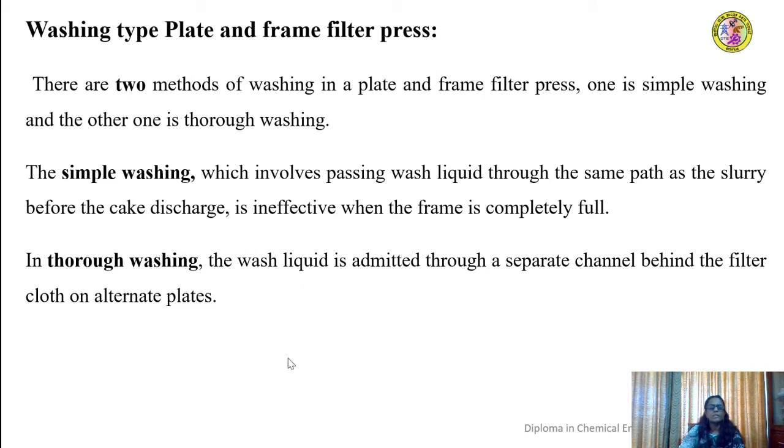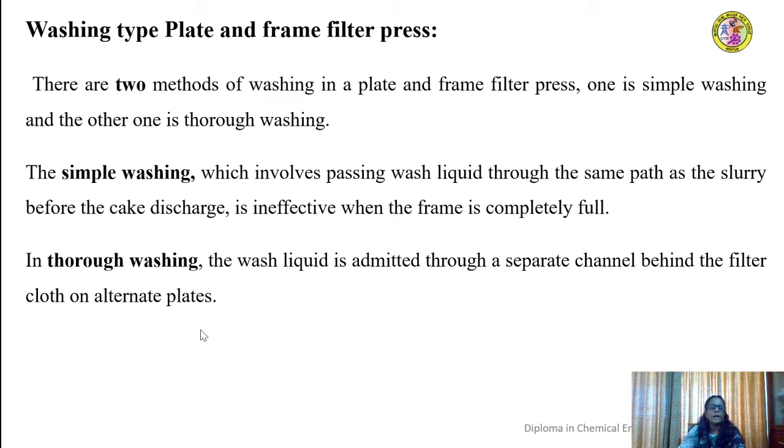So in thorough washing type, the wash liquid is admitted through a separate channel behind the filter cloth on alternate plates. So this is another kind of washing that we can have in a plate and frame filter press. So we can have a separate channel through which we can introduce the wash liquid on alternate plates from behind the filter cloth.